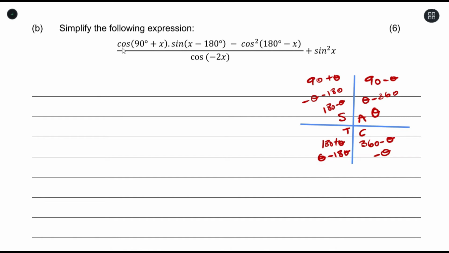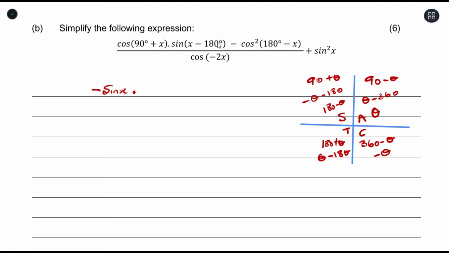So the first one here says cos(90 + x). Now this is cofactors, and 90 plus theta is in the second quadrant, right? And 90 plus theta in the second quadrant would mean that this would have an overall negative sign, right? However, with cofactors, cos always changes to sine, so this here would actually be negative sine x times.